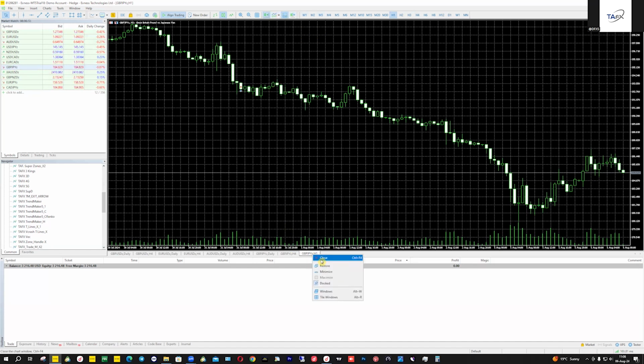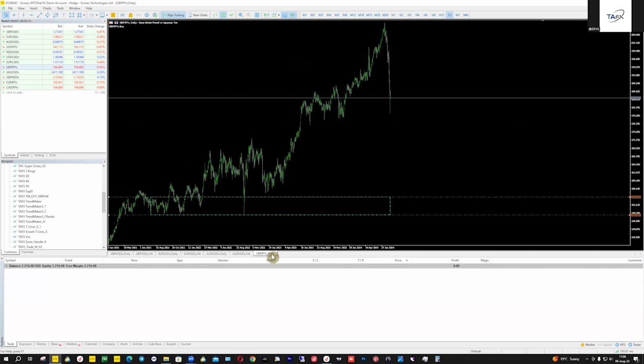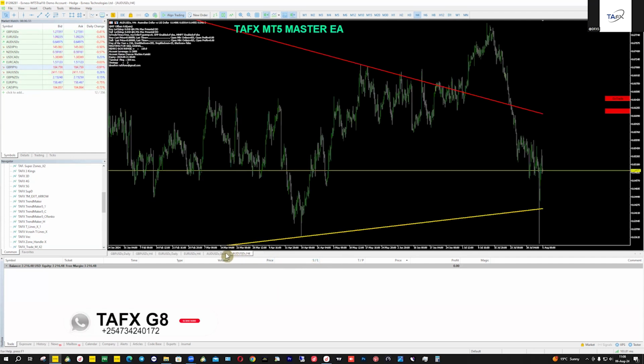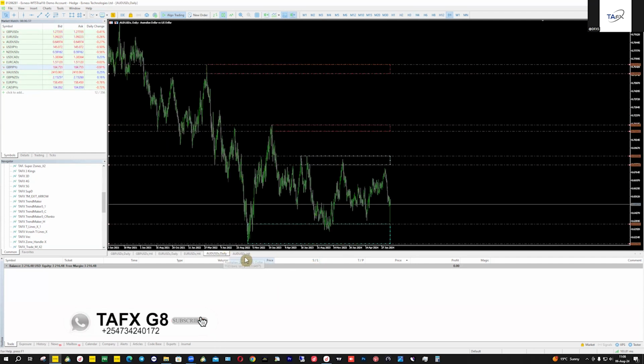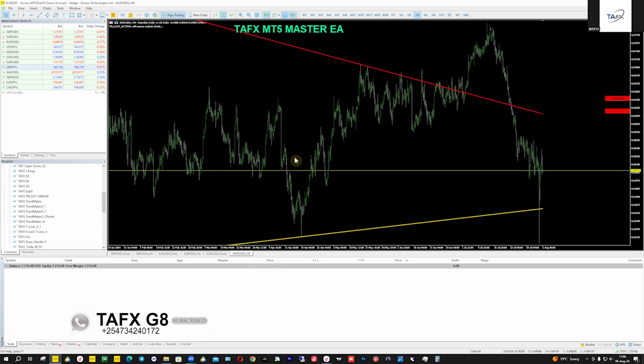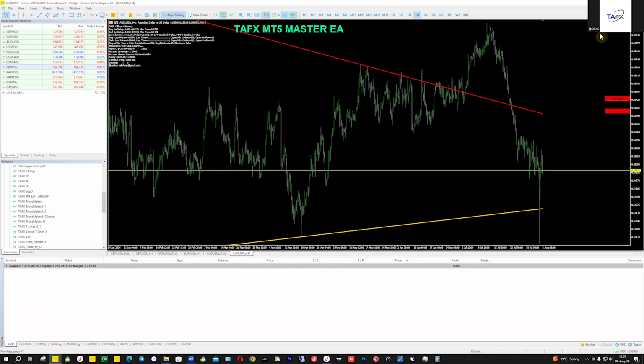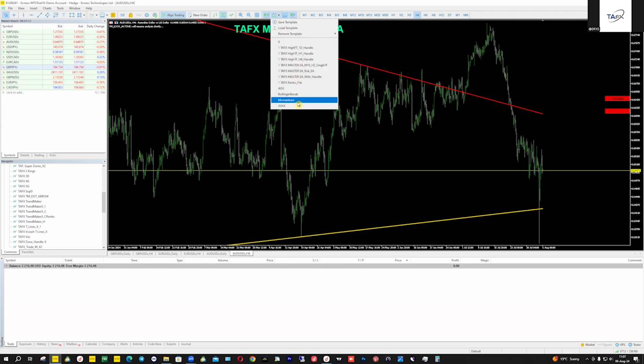So all you need is only 2 charts, one with the daily handle, and the next one where you attach the 4 hours EA. According to what we have set here, you can see those are part of the varieties that are with this EA. So you can do that for yourself and save the template.